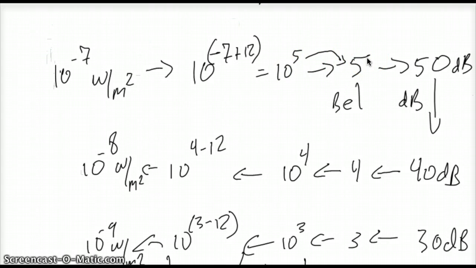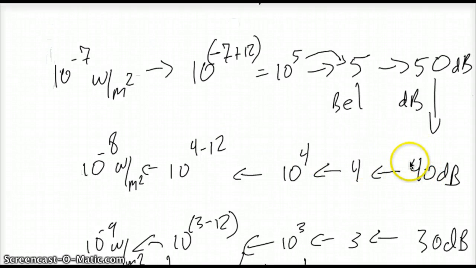We get tired of writing the 10 to whatever power, so we only take the exponent. So we write just 5, and that would be the Bell scale. Then you take that 5 multiplied by 10, which will give you the decibel scale. You can do that with any number and it will be the same, and you can even do it backward, like this example shows.